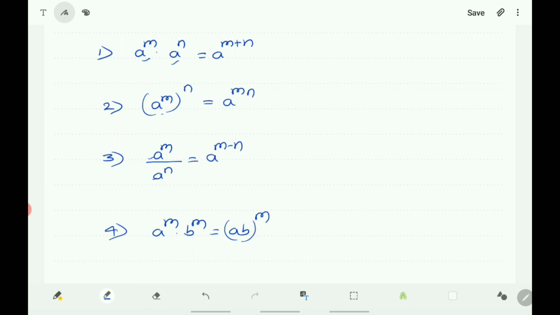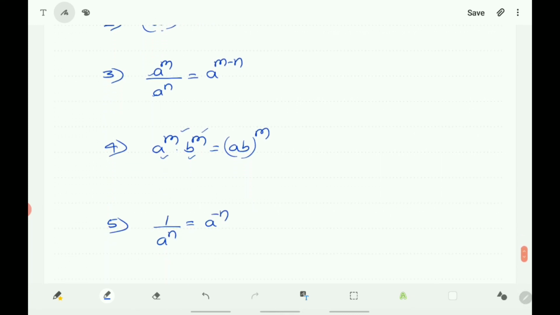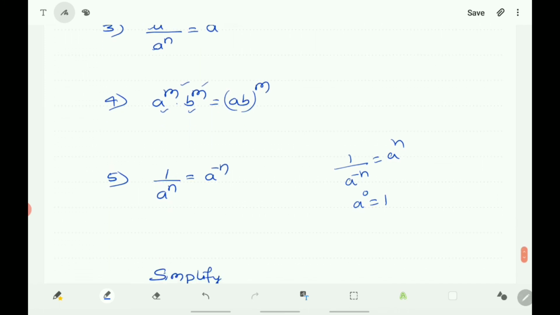And the fourth one, here the bases are different, the powers are same, so it becomes ab whole to the power of m. Next one is 1 by a to the power of n means a to the power of minus n. So also 1 by a to the power of minus n becomes a to the power of n. And also you can use a to the power of 0 is always equal to 1. A to the power of 0 is equal to 1.